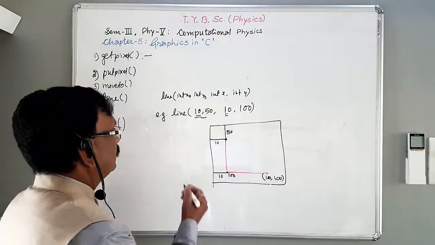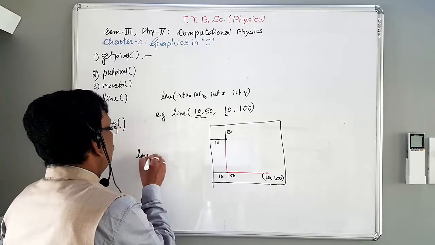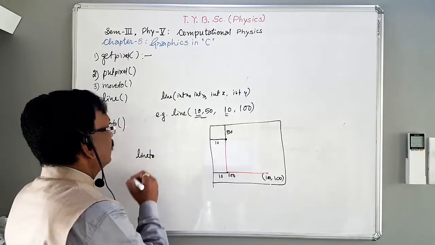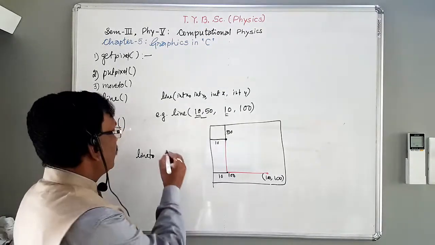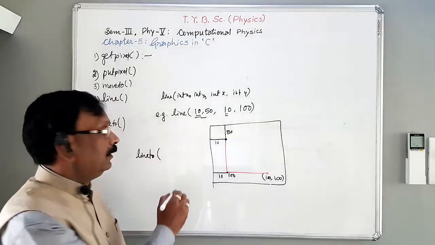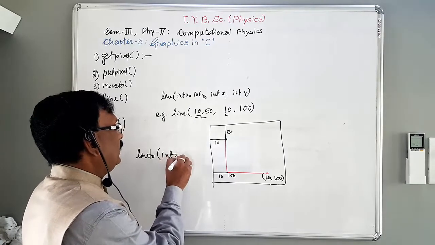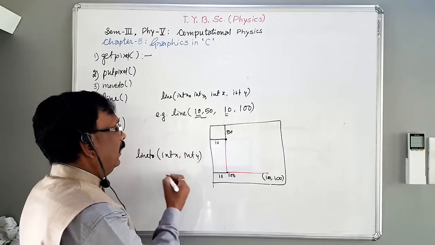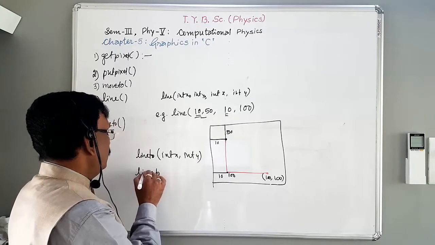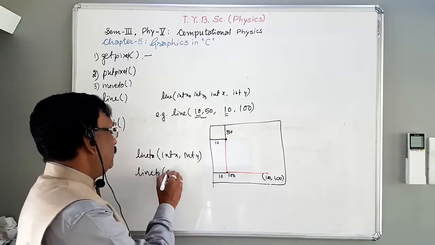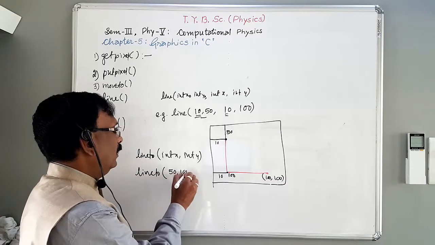Okay. So line to is the keyword for writing the syntax. Then give the value of integer x and integer y. And suppose for example line to 15 and 100.